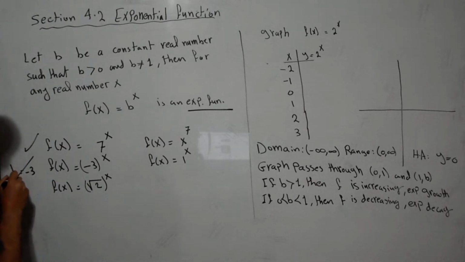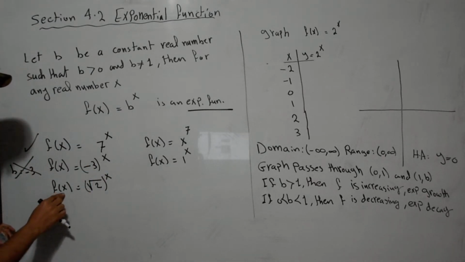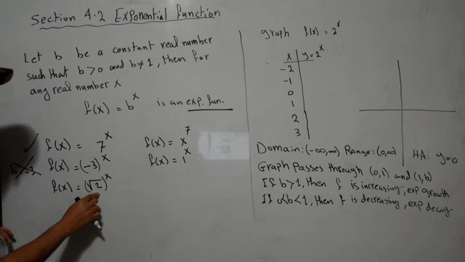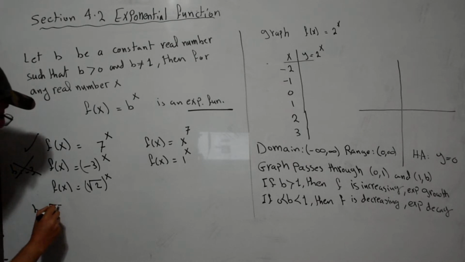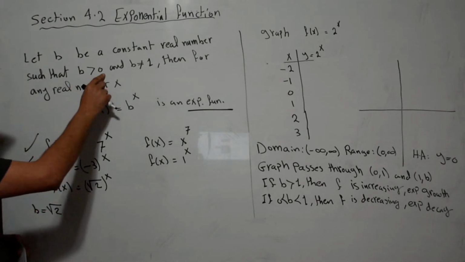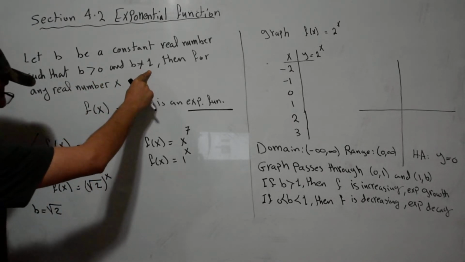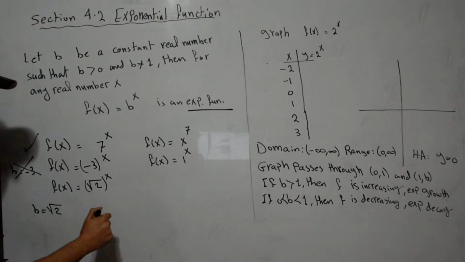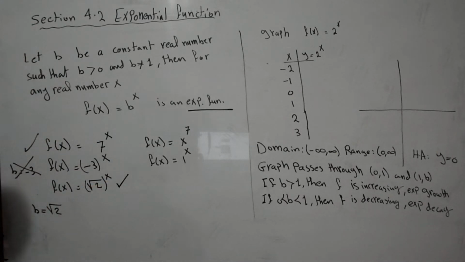No, so this is not an exponential function. f of x is the square root of 2 to the x, so b is the square root of 2. Is the square root of 2 greater than 0? Yes. Is it 1? No. So therefore, this is an exponential function.